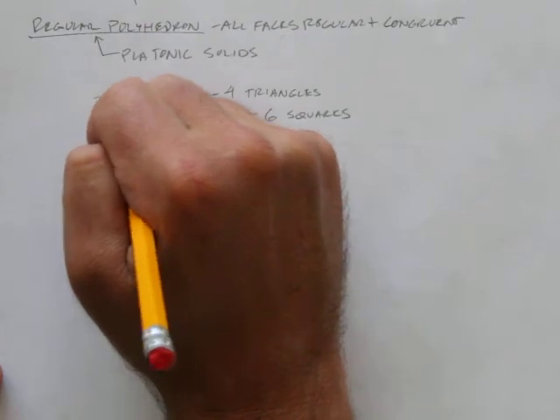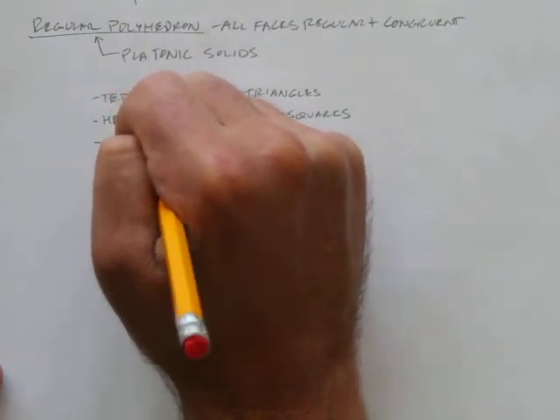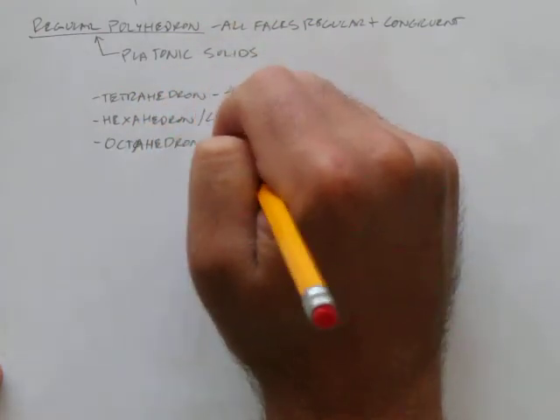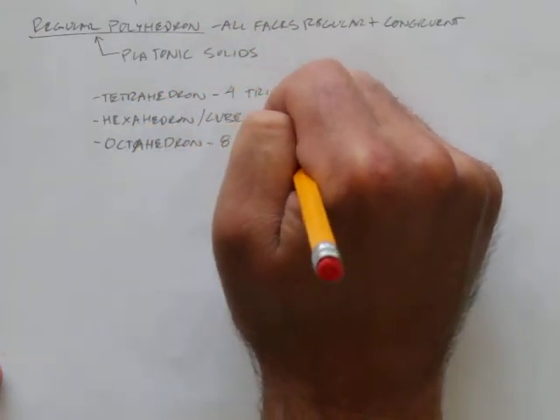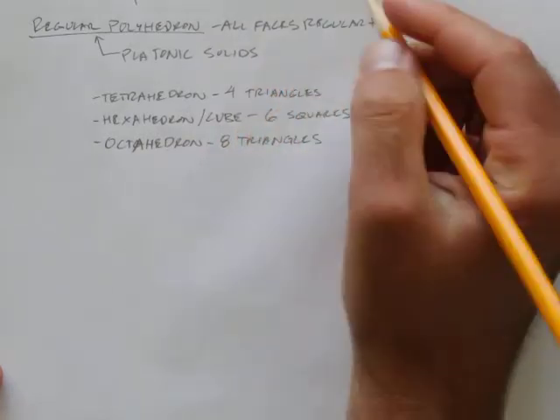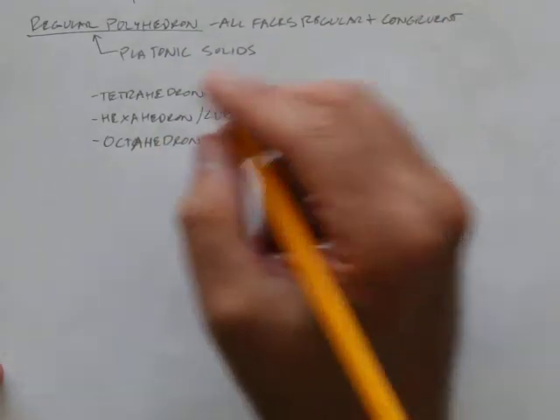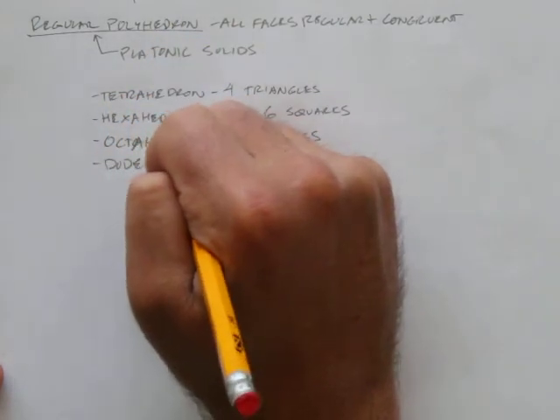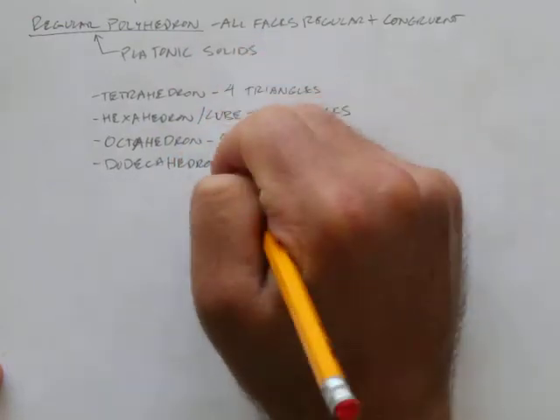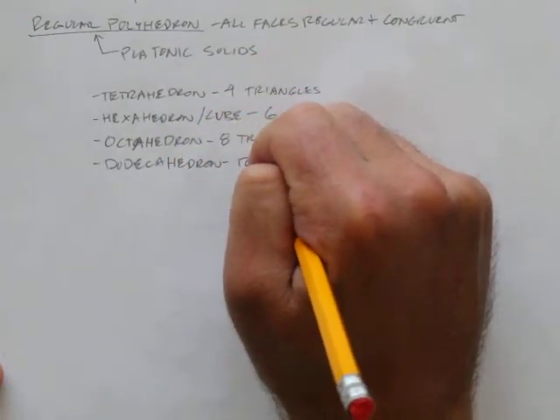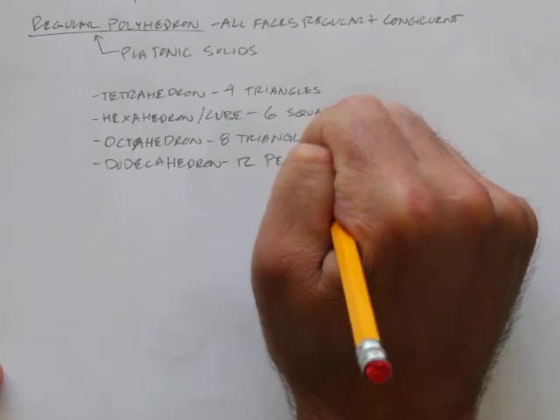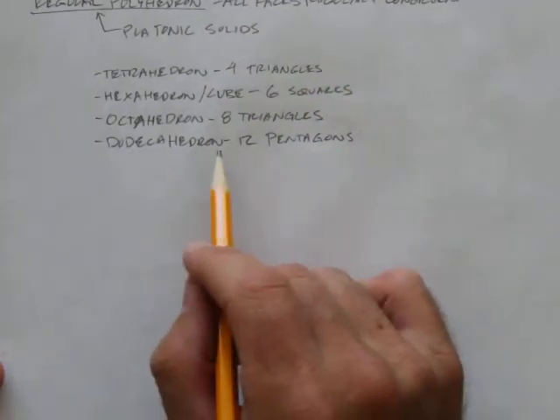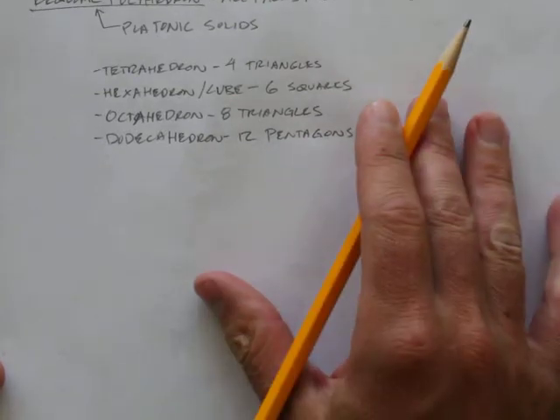We also have the octahedron, which is 8 triangles. Dodecahedron, which is 12 pentagons. This one you might recognize as a soccer ball is often made up of 12 pentagons.